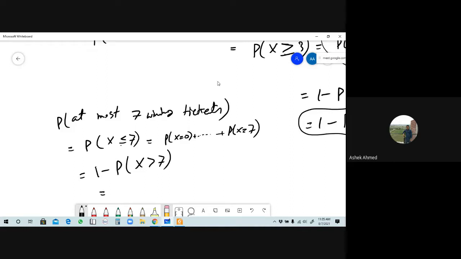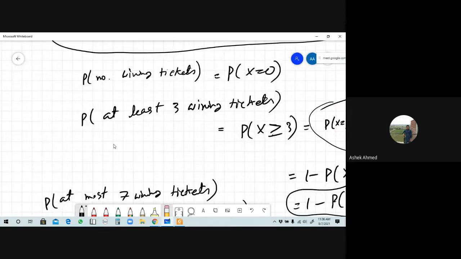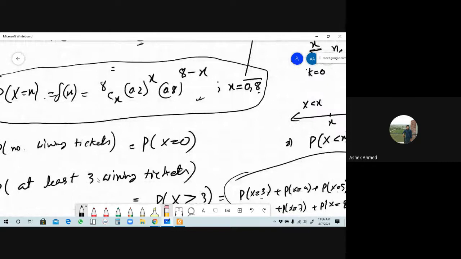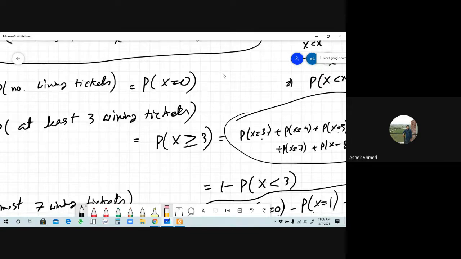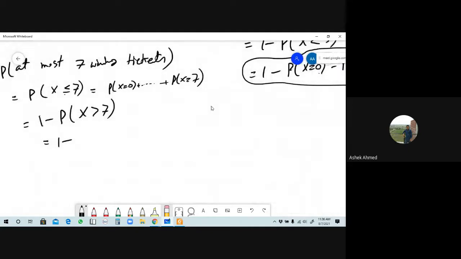This will be 1 minus the probability of, what will it be, the value this represents how many points which are greater than 7 here for this function. Only 1, that is x equals 8, is it right? So this will be 1 minus the probability of x equals 8. Okay, then what will it be? This is more easy, is it right? This will be very easy. Response me.